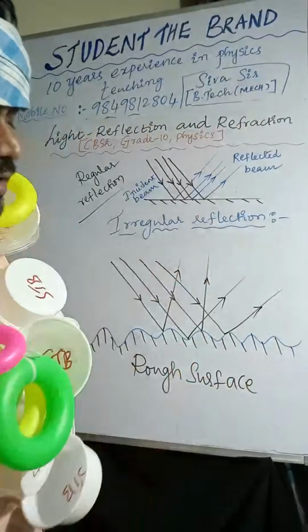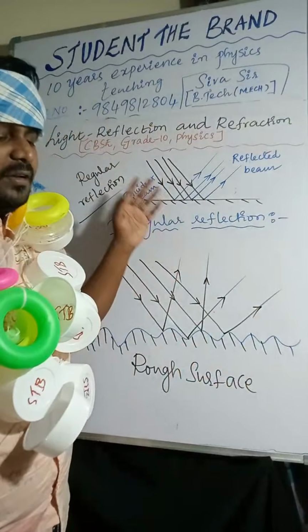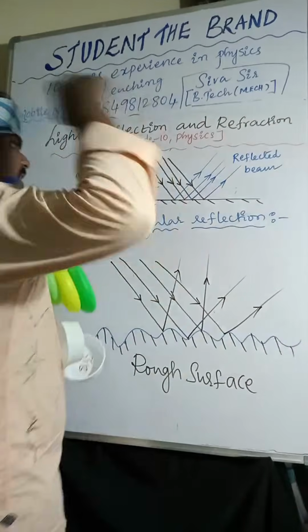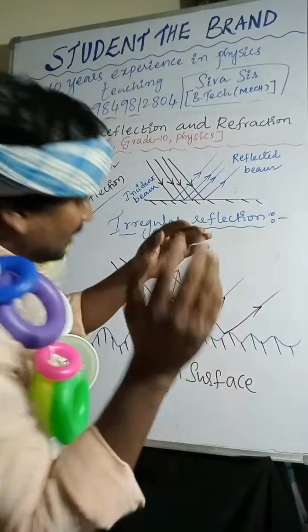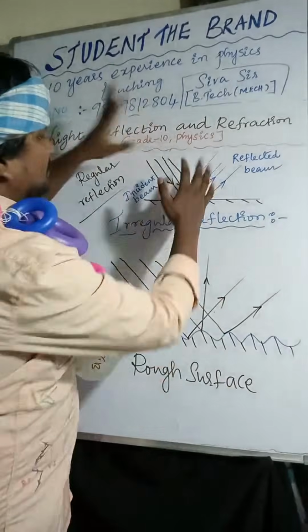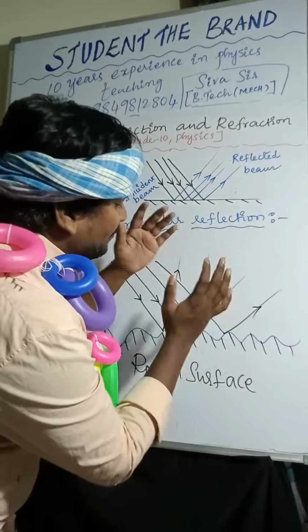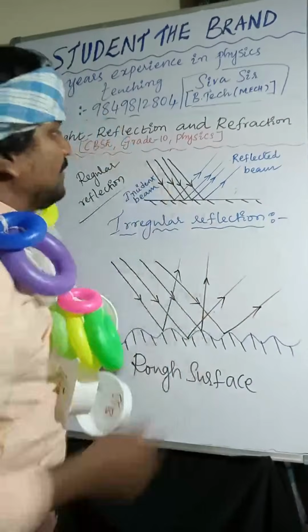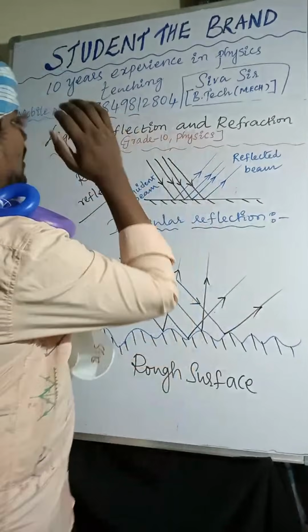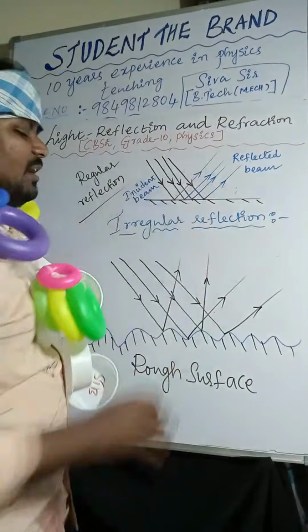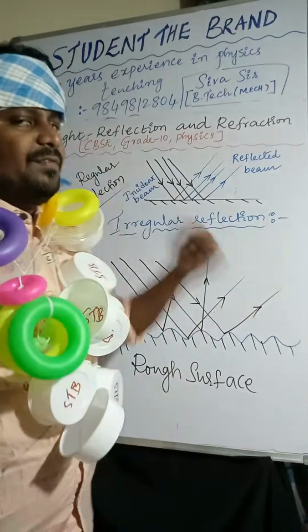Yes or no? Rough, irregular reflection; smooth, regular reflection. Regular reflection takes place on smooth surface.